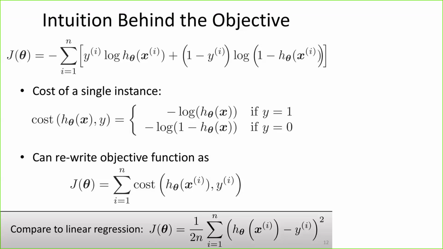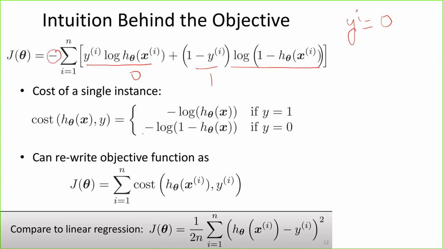So let us see what is the intuition behind this cost function. Look at this cost function and tell me, when yi equals 0, how much penalty are you adding to the cost function? Substitute yi equals 0: this part becomes 0, this is 1, so 1 times log(1 minus h theta of xi). There is a minus sign here.